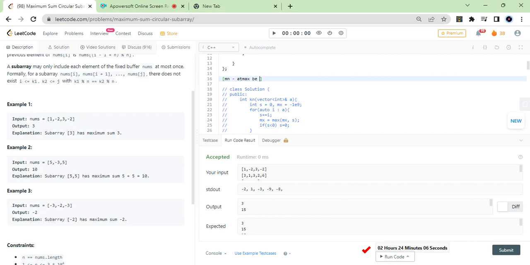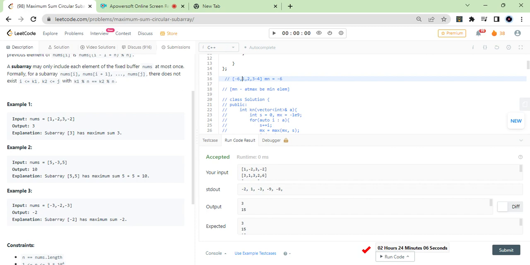For example, if there are some -6, then 1, 2, 3, -4, the minimum element of this is -6. So your minimum cannot be greater than -6. You can initialize your minimum with -6. Even if you initialize your minimum with 0, I think it should work. Otherwise, if it doesn't work, we'll do this.